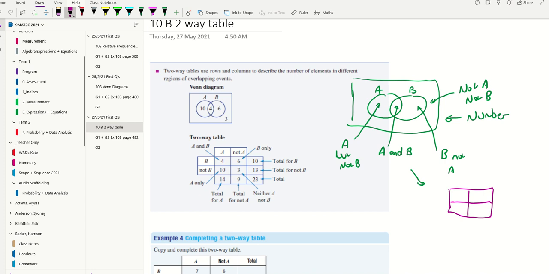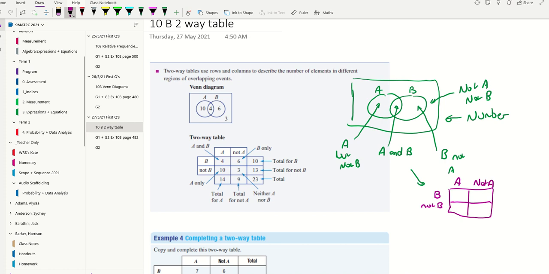And in this row, we're going to make this row B, this row not B. And up the top, we're going to have A in our columns, A and not A.